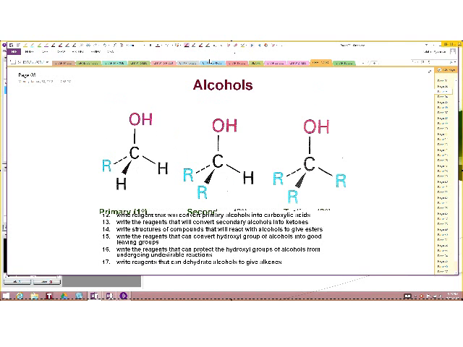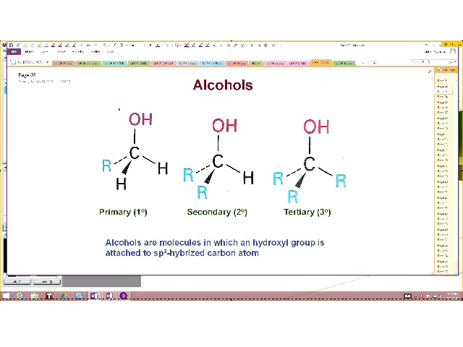So at this point, we want to ask, what are alcohols? Now, alcohols are those organic compounds in which you have the hydroxy group, which is this here, attached to an sp3 carbon atom.